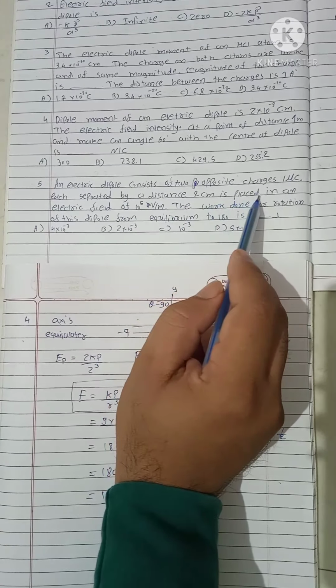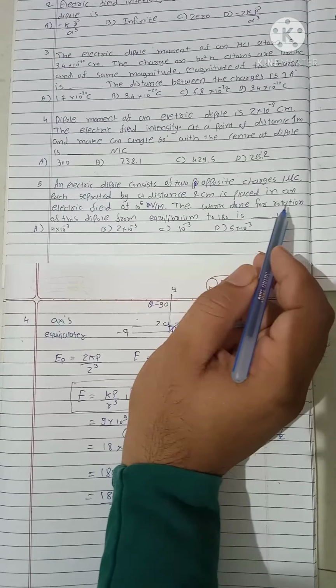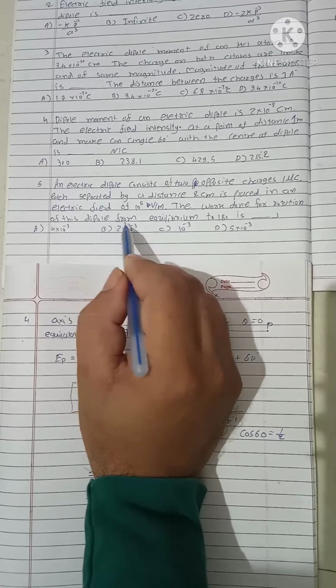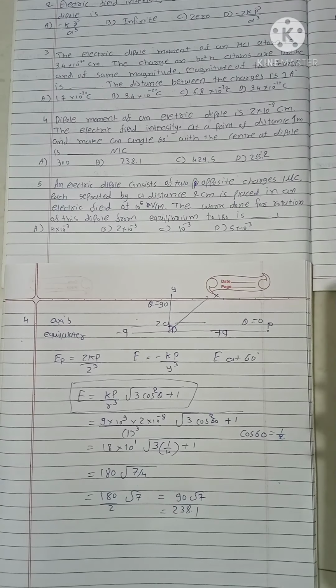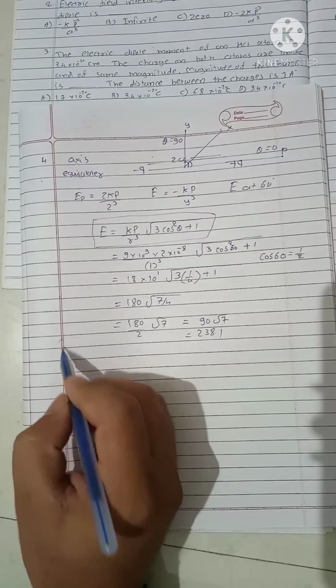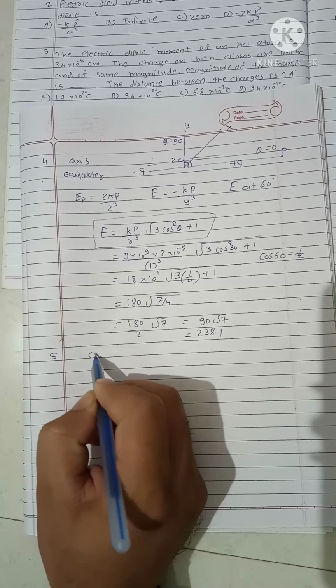Here we are given the value of the charge, the distance between the two charges, and the electric field. The work done for rotation of this dipole from equilibrium to 180 degrees is this. So in this numerical we have to find the work done.